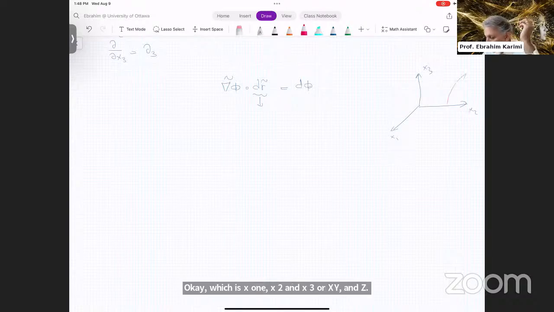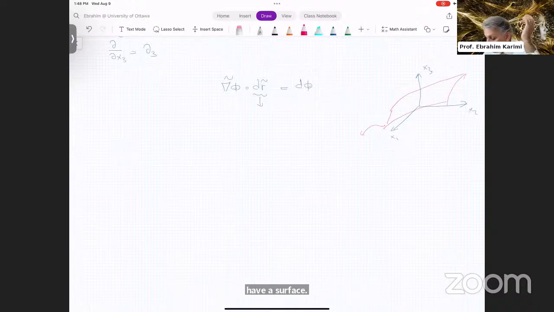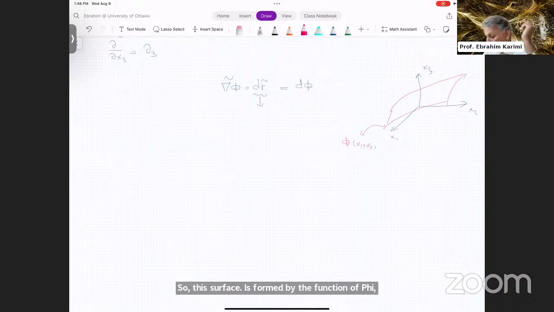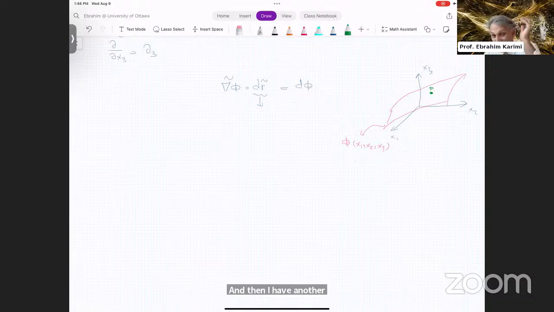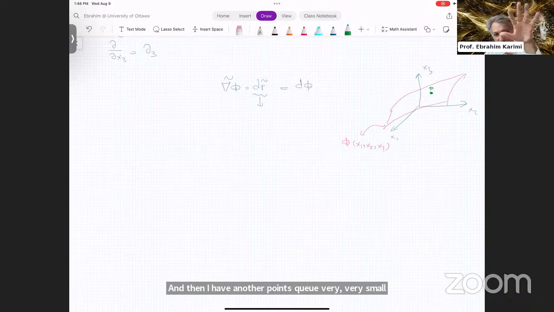Then I have a surface. This surface is formed by the function of phi, which is phi of x1, x2, and x3. There's an equation there. And then I assume that there are two small points here, the point P, and then another point Q, very, very close, but on the same surface of phi constant.